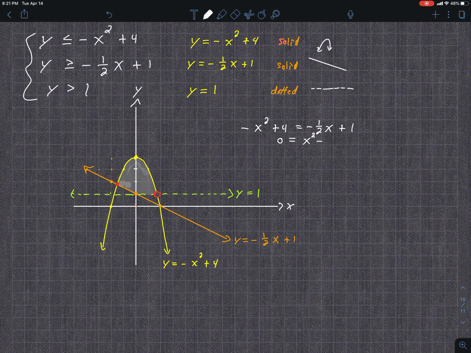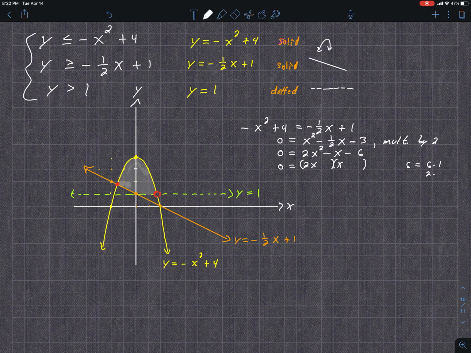So 0 is equal to x squared minus a half x, and subtract the 4, and you get a negative 3. Okay, then we can multiply to get rid of that fraction by 2. Let's multiply by 2, so you get 0 is equal to 2x squared minus x minus 6. And then you try to factor that nicely with integers. So you get 2x and x.